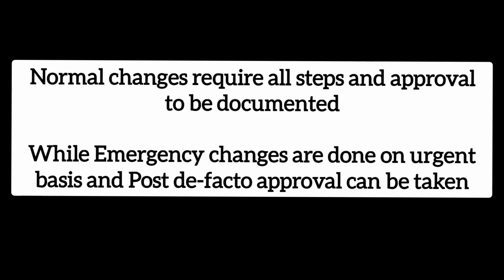So what happens in emergency changes is you can check for post de facto approval. Examples can be like primary server failure or data center disruption or any emergency patch for a security vulnerability. So that is the difference between normal changes and emergency changes.